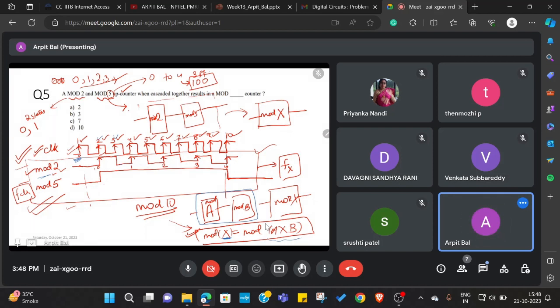Now for mod 5 you need to count 5 clock pulses. So I count 0, 1, 2, 3, 4, so a total of 5 clock pulses. After that it goes to 0.